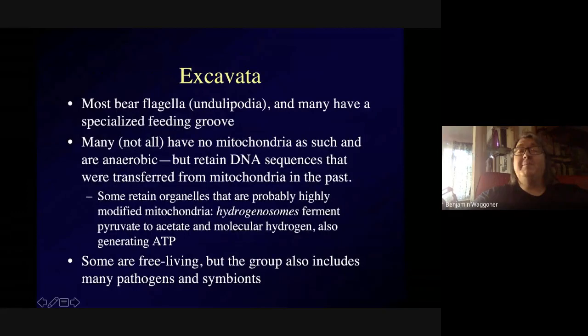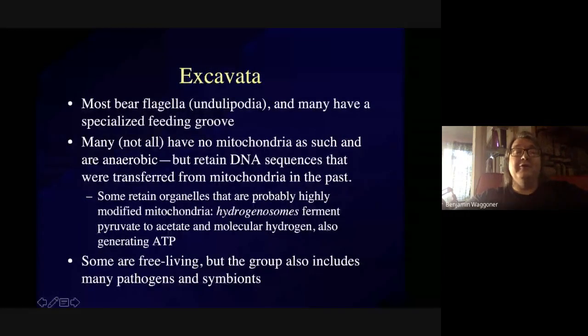Excavates mostly bear elongated flagella, and I mentioned this before, but just in case you didn't catch it, Lynn Margulis pointed out that eukaryotic flagella and cilia have basically the same structure, but they're both very different from bacterial flagella, and she coined the word undulipodia to mean eukaryotic cilia or flagella, there being no real difference between the two except length.